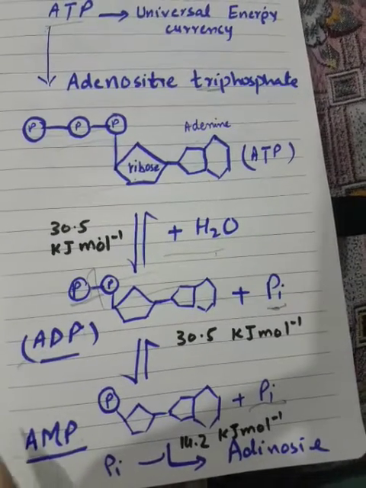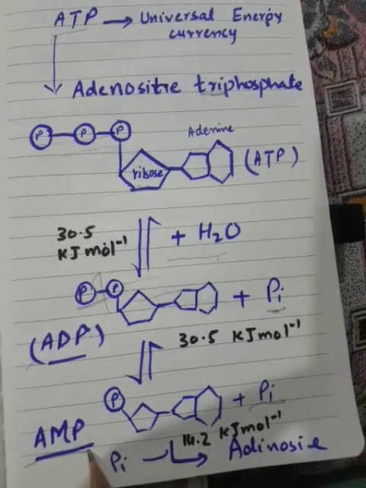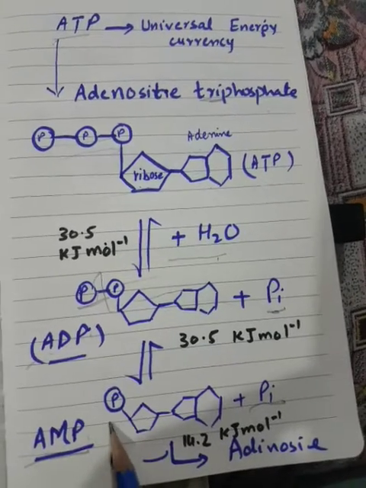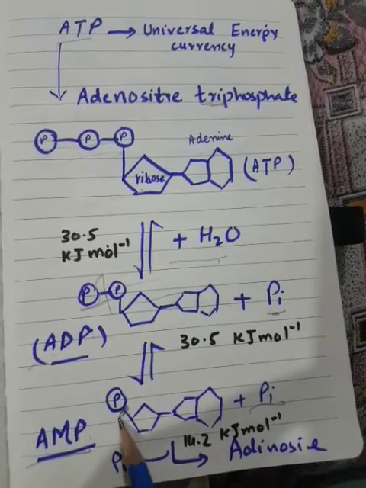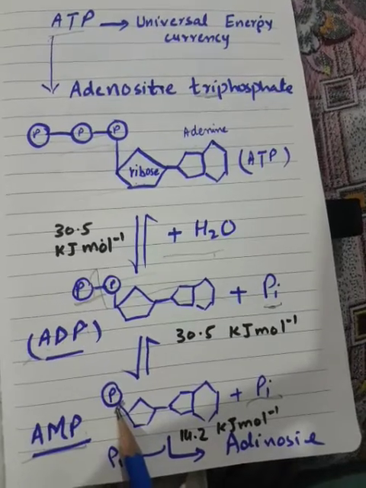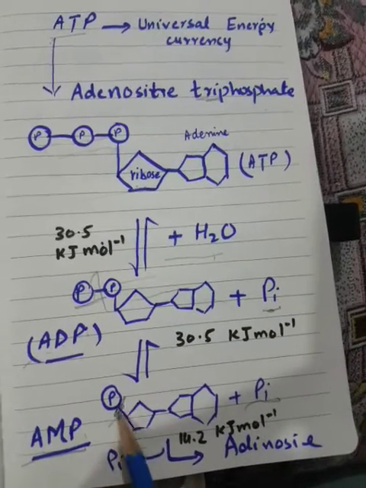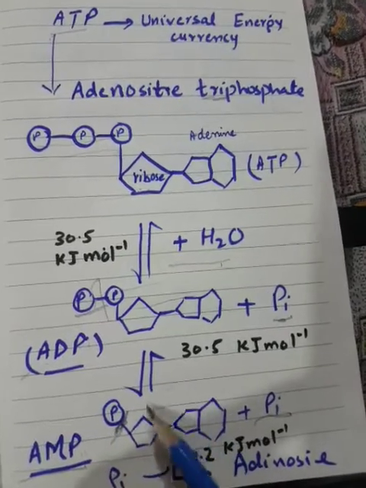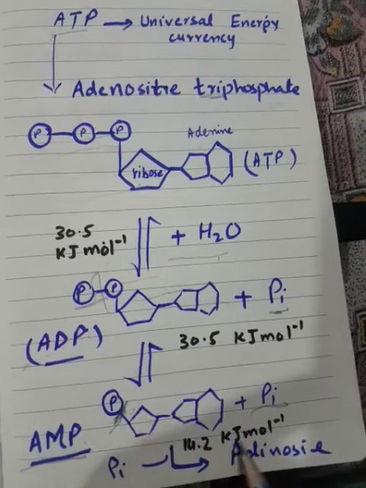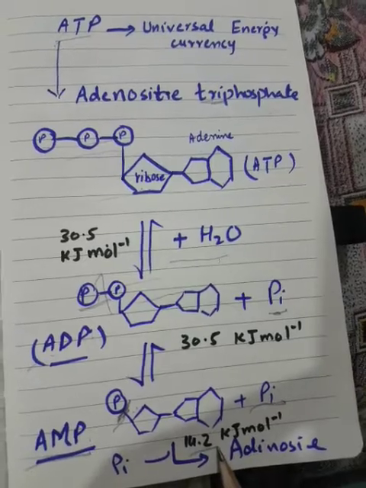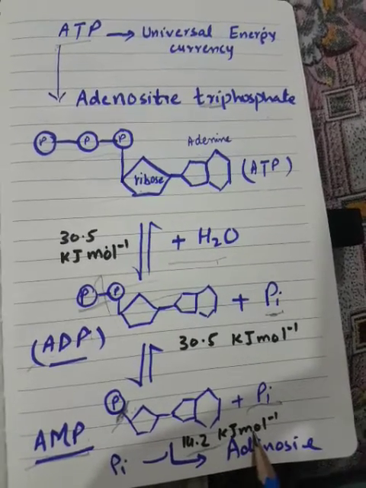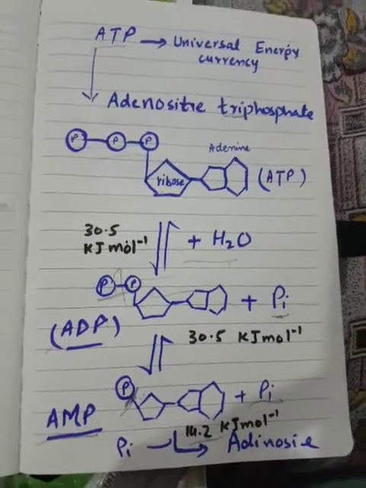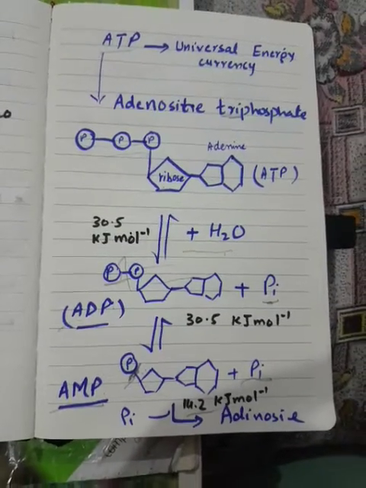And when there is only adenosine monophosphate left, there is one phosphate over here. This is also released by the breakage of this bond, and when this bond breaks, a lesser amount of energy is released, which is 14.2 kilojoule per mole. So this is how energy is harnessed from ATP molecules.